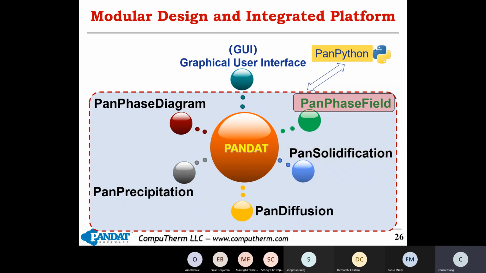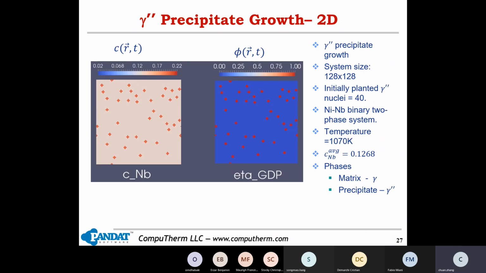As I mentioned previously, this year we are going to release a new module for phase field simulation. If you want to know more detailed information, you can pay attention to our website or newsletter. Here, I just want to quickly show you two basic applications we have in this module.